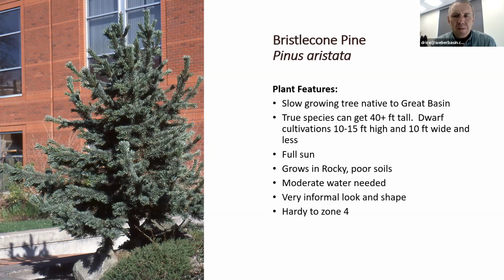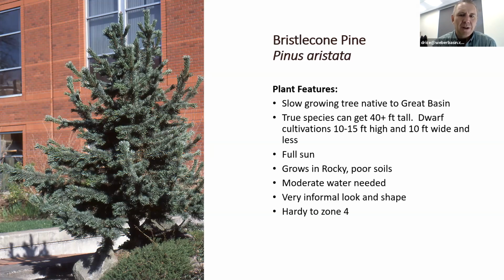Bristlecone pine. Now, if you're from the area, you know the Great Basin, the bristlecone pine is a native plant in the Great Basin, and it's one of the oldest living tree species out there. It's been cultivated now for landscape use. The true species can get quite large. Cultivations of this are meant to be small, about 10 to 15 feet tall, 10 feet wide, very irregular shape.